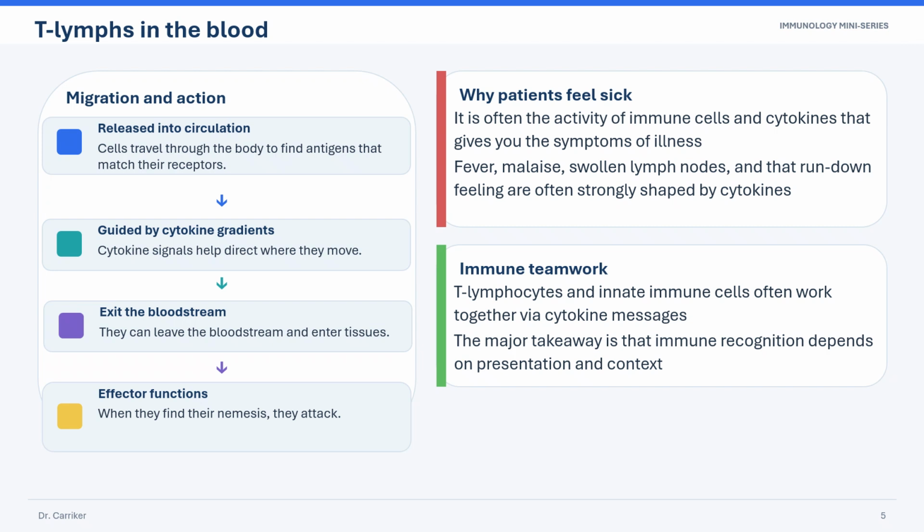Now, once activated, T lymphocytes are going to circulate through the body, and they're going to look for antigens that match their receptors. Cytokine gradients help guide them toward tissue sites where they're needed. And they can leave the bloodstream, enter tissues, and carry out what we call effector functions.